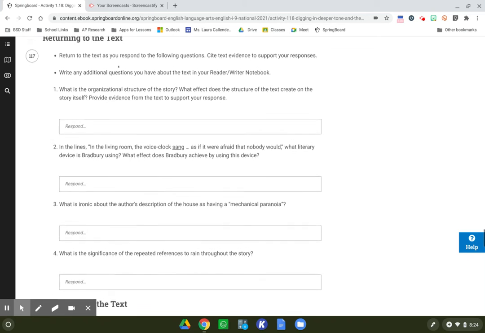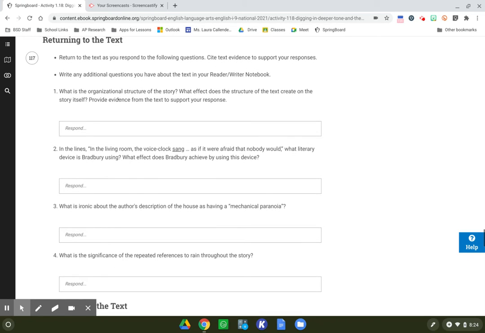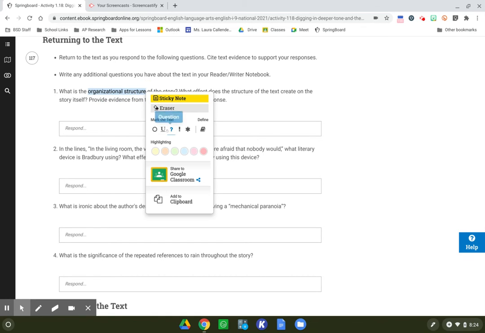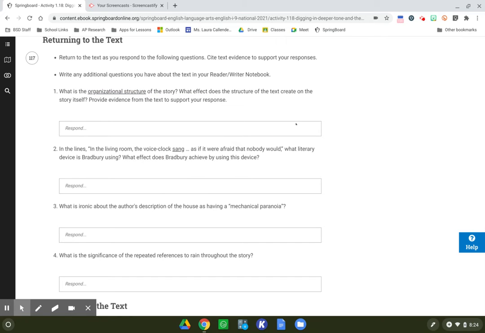So you're going to go back to the text and skim and scan to come up with answers. So the first question says, what is the organizational structure of the story? So in other words, what kind of a sequence does it follow? So for example, we read a previous story where there was a flashback used.